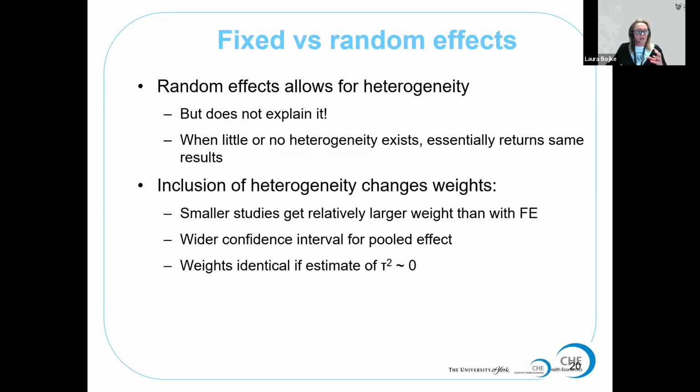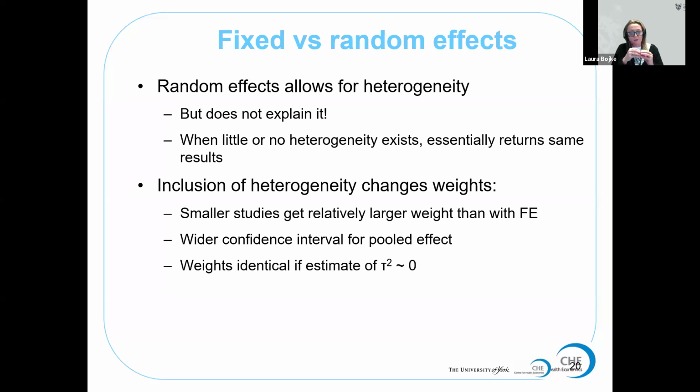So the random effects allows for heterogeneity. It statistically includes it by estimating that tau squared parameter, but it doesn't explain it. Okay, the explanation needs to happen on a qualitative basis. Okay, it can only incorporate what it can observe statistically.